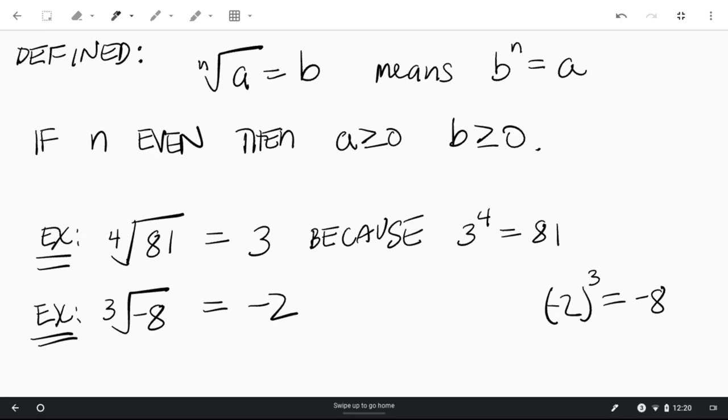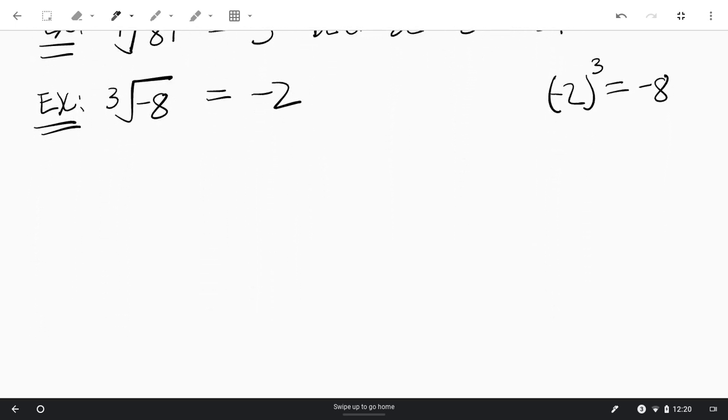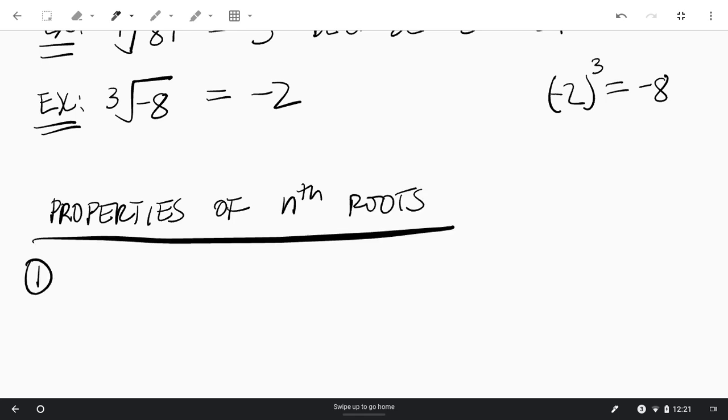All right, so let's take a look at properties of roots. So this is probably going to be the only lecture that is this long. Okay, the other ones are pretty short. Okay, properties of nth roots. Okay, so this first one.